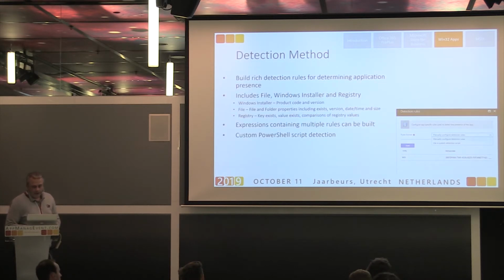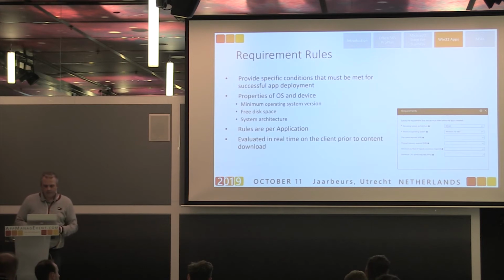For detection methods, I will run through this in a demo shortly. You can create detection methods. This can be a registry key, but this can also be a PowerShell script where you detect if some kind of complex app is already installed in the right way or already available.